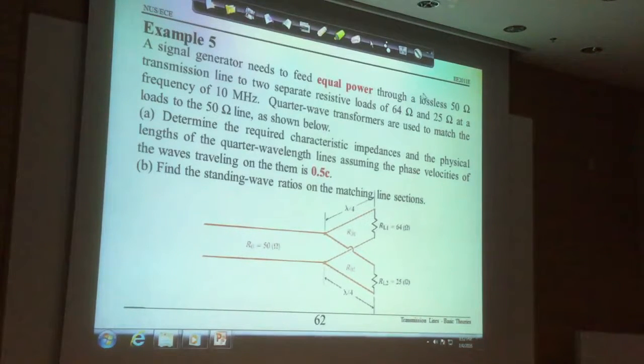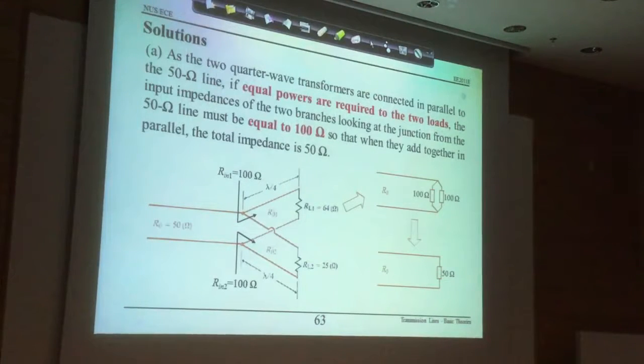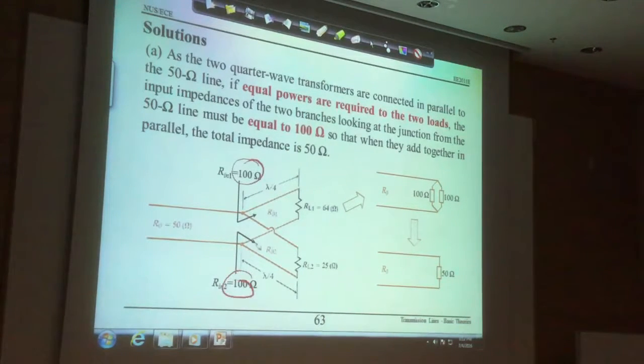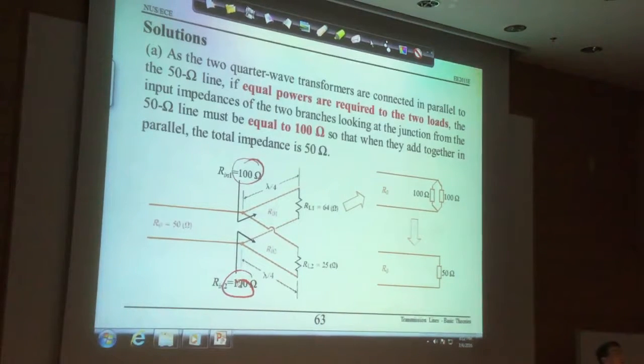So the input impedance looking into this stub is 100 ohm, right? Similarly, looking into this stub, also 100 ohm. Then the two resistors in parallel will give us 50 ohm.